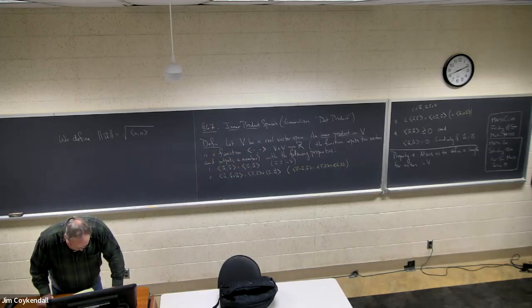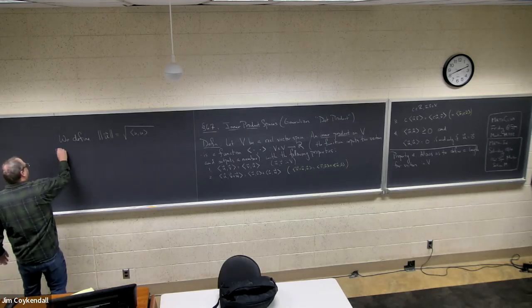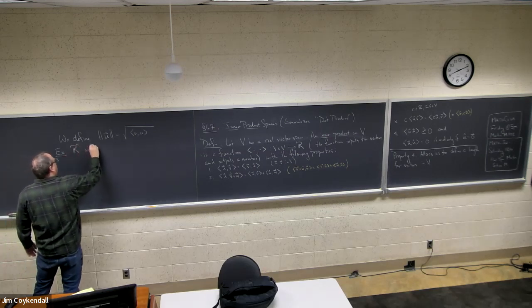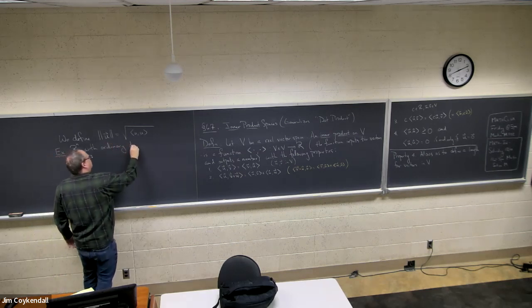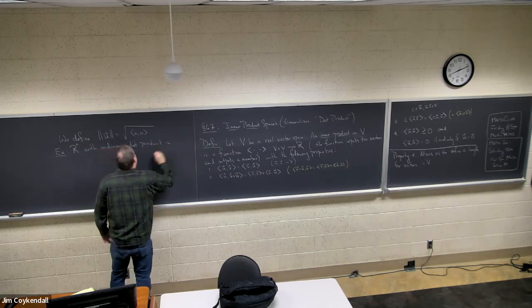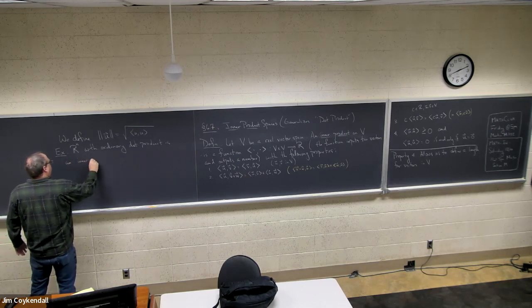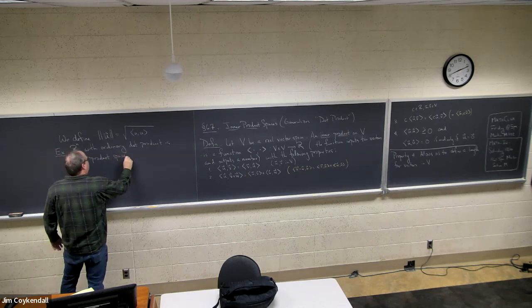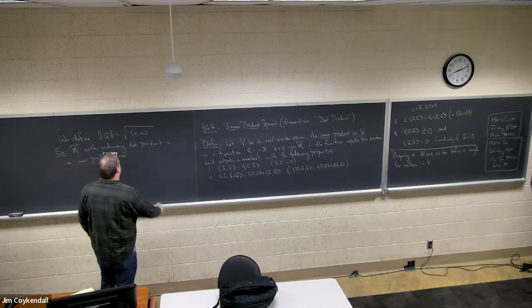All right, here's the obligatory first example. So here's an inner product space: R^n with the ordinary dot product.